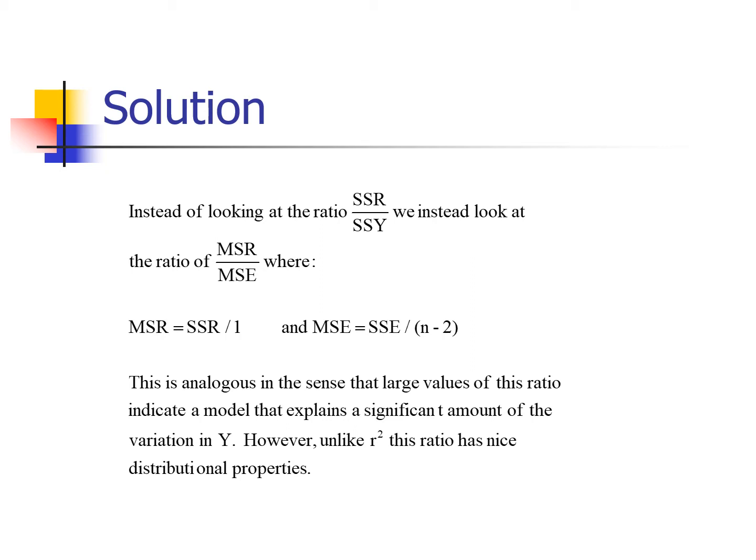Agreed? And so these two ratios are analogous in the sense that larger values are indicative of stronger evidence that there is in fact a relationship between x and y.